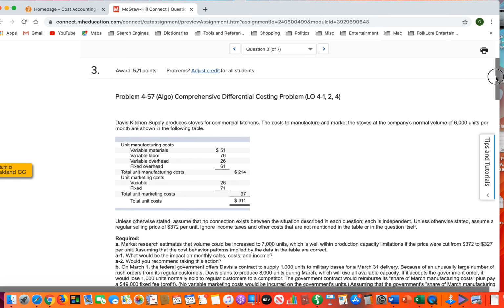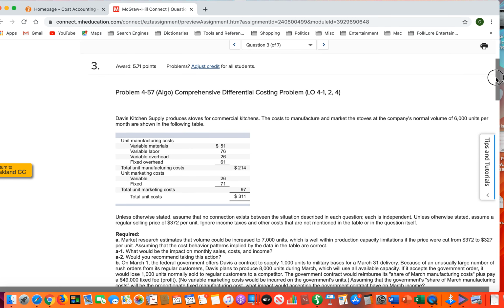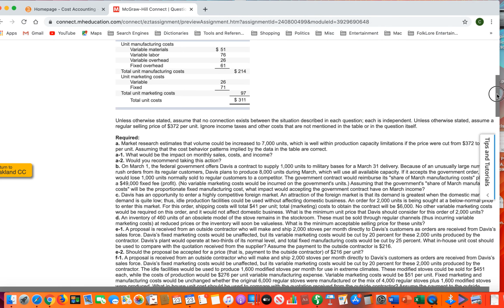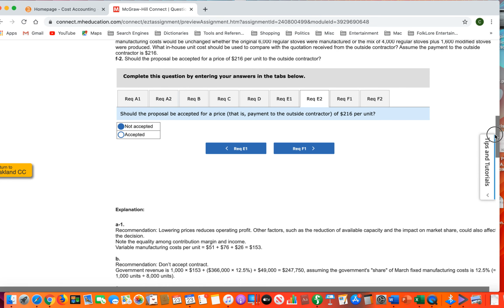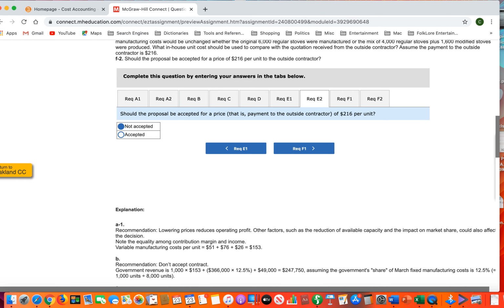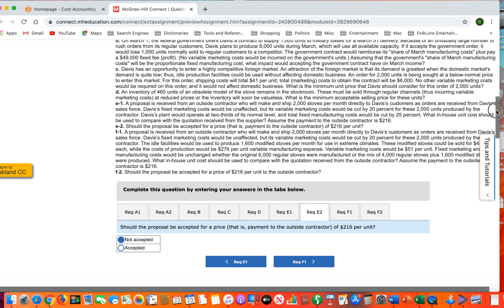So fixed manufacturing cost is $61, right? That's it, $61. So if you take $61 times, excuse me, I gotta keep reading this up here. Cut by 25%.